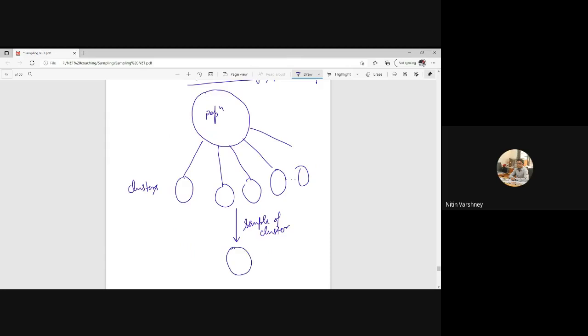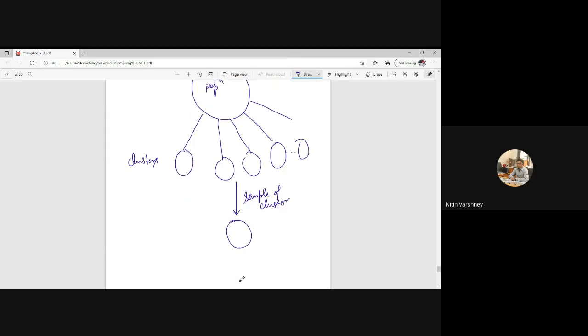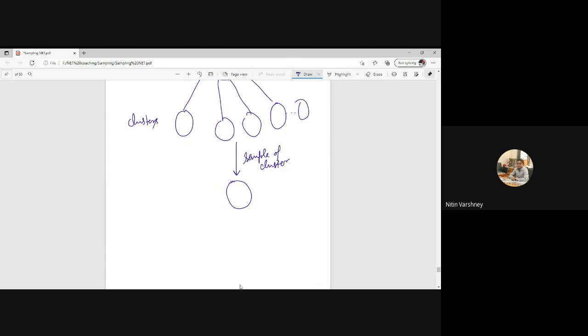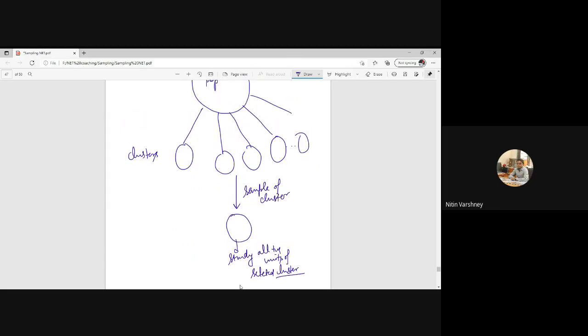Suppose I select one cluster, and I can also select two. After selecting the cluster, we will study all the units of the selected cluster. See the difference between stratified and cluster.